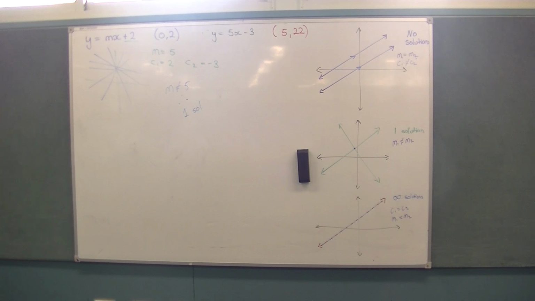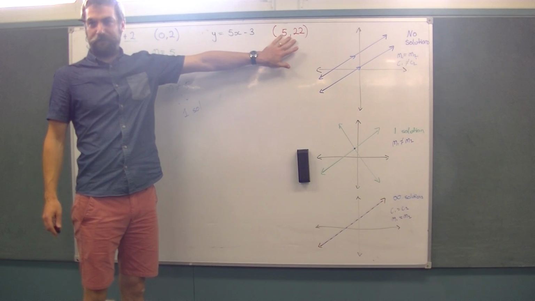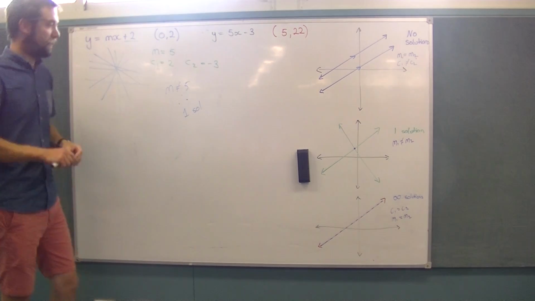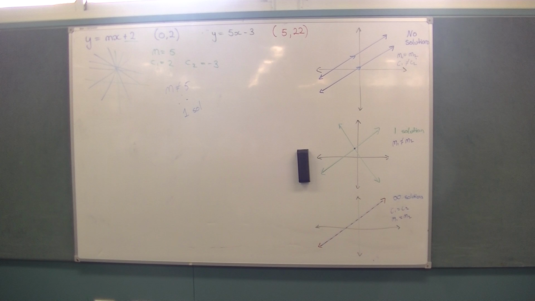Wait, what are we doing this for? So I want to know the gradient. If that's the point that these two lines intersect at, what is the gradient of the first one? We already know the second one, it's 5. We need to know this one.